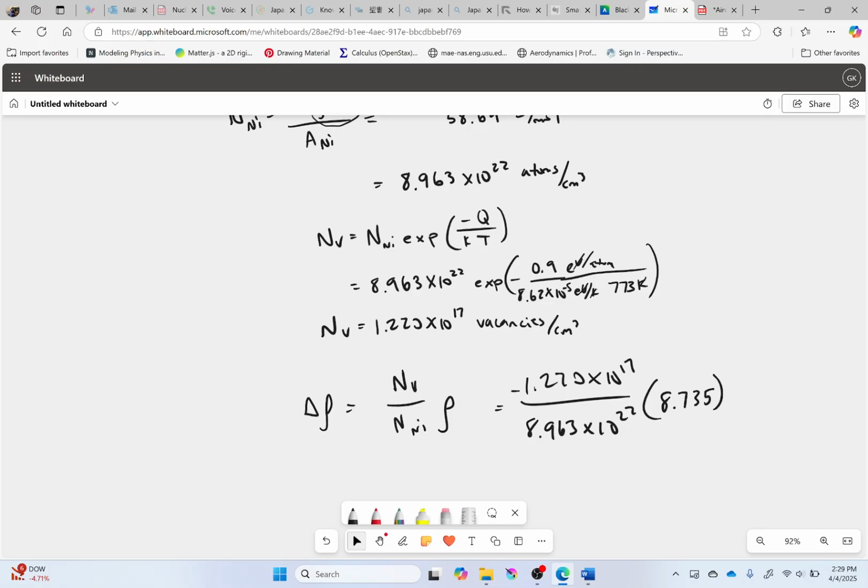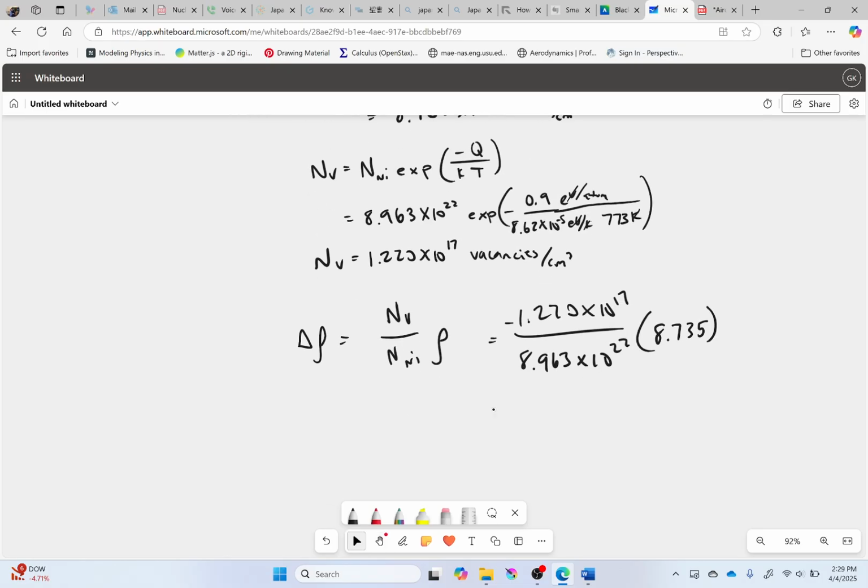So let's plug that into our calculators. 1.220 times 10 to the 17th divided by 8.963 times 10 to the 22nd, multiplied by 8.735, and this is hardly changing at all. So my density change is only 1.188 times 10 to the negative 5th.